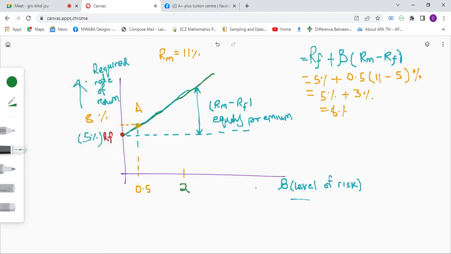So the risk-free rate is 5% plus our beta of 2 times our equity premium, 11 minus 5, the equity premium is 6%. 2 times 6, that is 12. 12 plus 5, that is 17%.